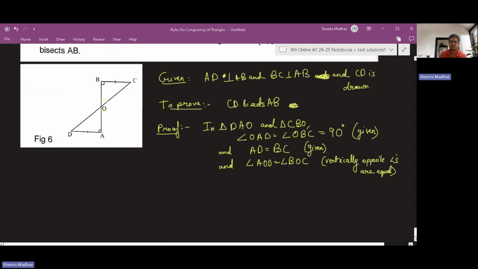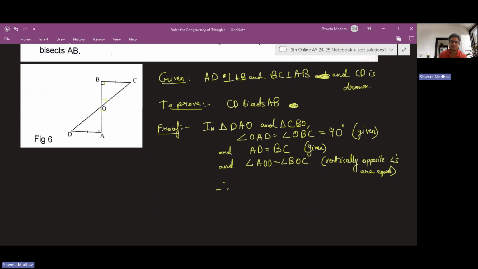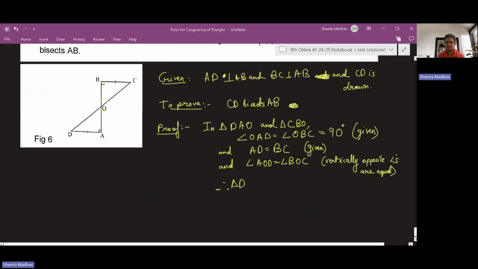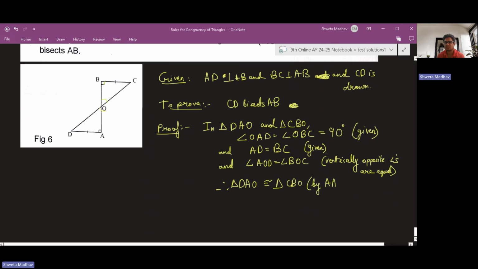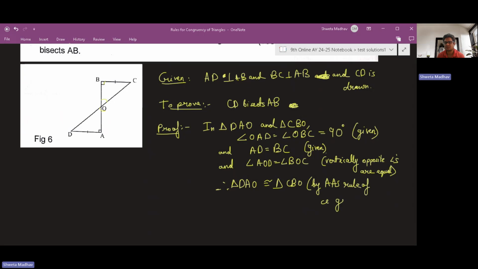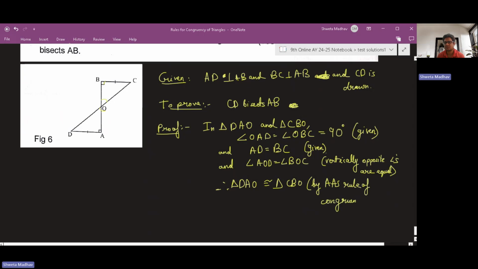Here we have taken two angles and one non-included side. This side is not included within these two angles. So they are congruent by the AAS rule, the angle angle side rule of congruency. Therefore triangle DAO is congruent to triangle CBO.